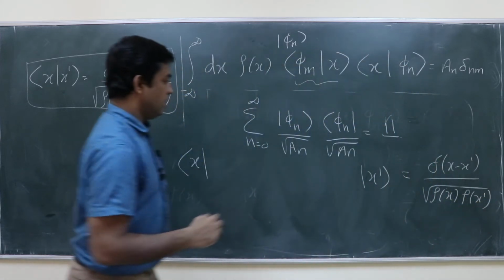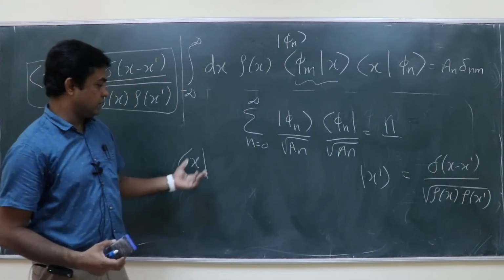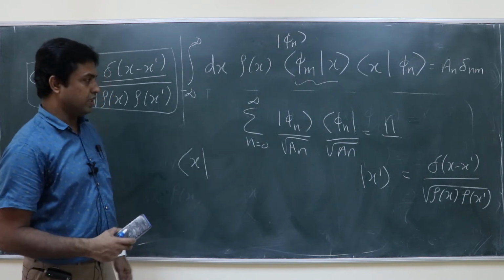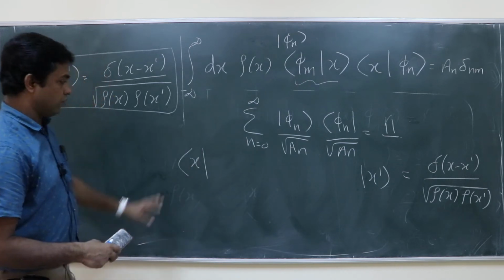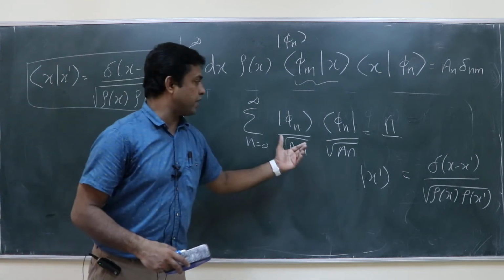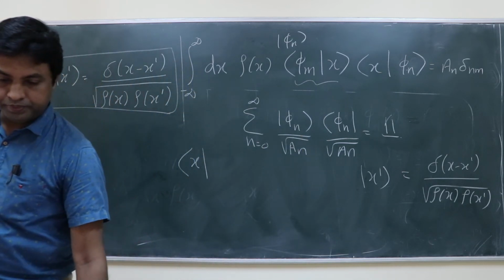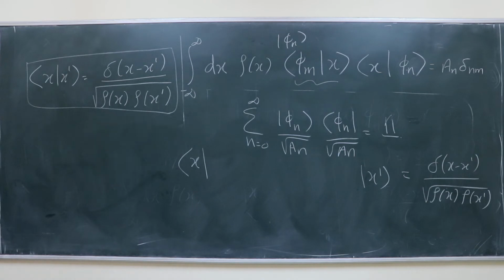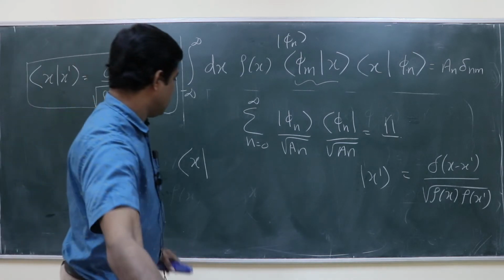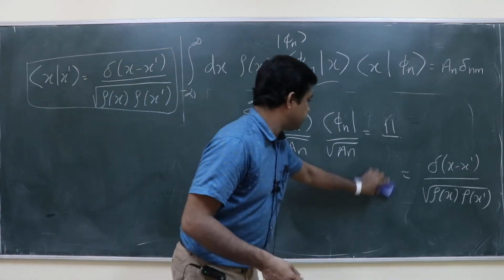Good. So I want all of you to do a quick calculation. Do the left hand side now. Give me the answer after applying bra x and ket x prime on this expression. So what do you get if you do that?